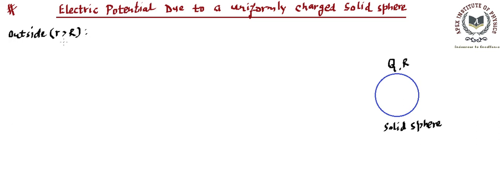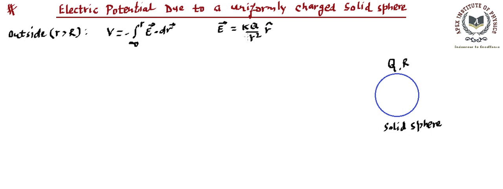Now the potential as per the formula is minus integration from infinity to that point outside r, E dot dr. And we know that the field outside of a solid sphere is the same as that due to a spherical shell or point charge. That means E is equal to KQ upon r square r cap.